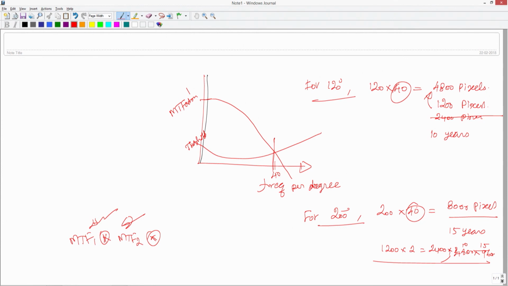This might become 30 or better. If that is the case, the number of resolutions required will be reduced. So I hope you see the point of how psychophysics can be used to find out the limiting resolution, which can be useful in the design of better imaging systems or better visual systems used in virtual reality. We will stop here. Thank you.